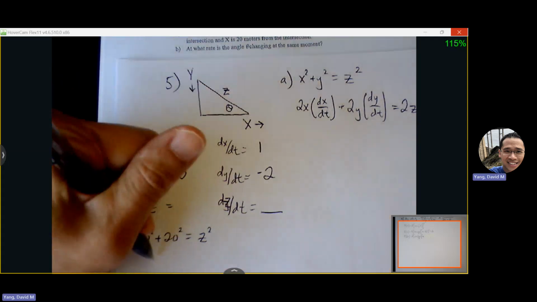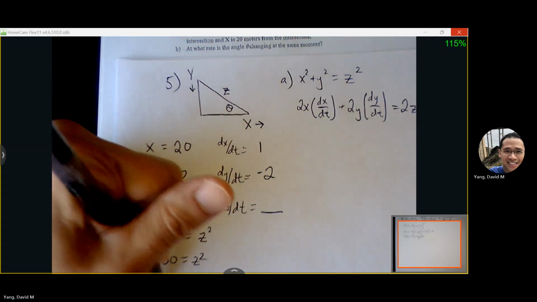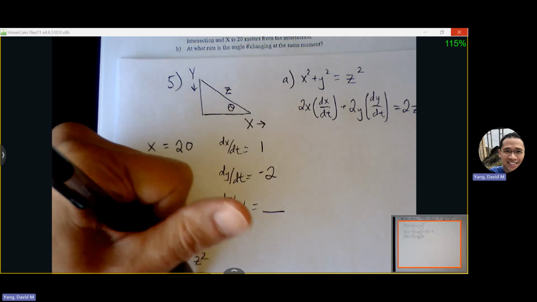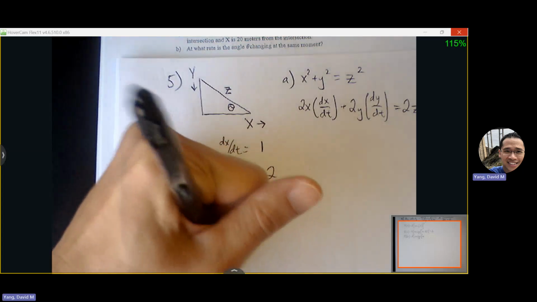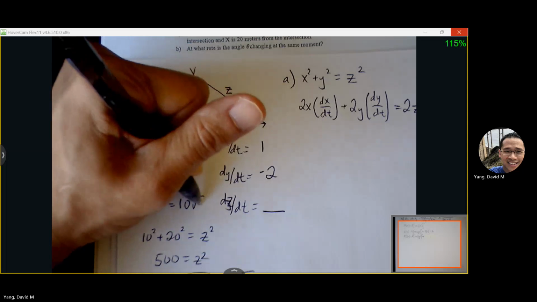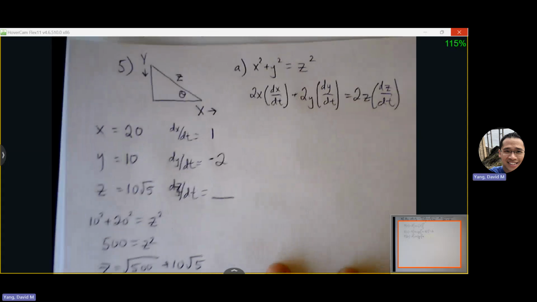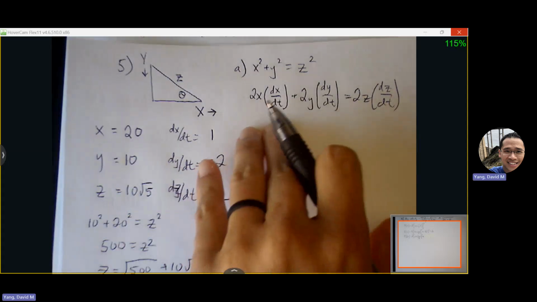Ends up being 100 plus 400 is 500. Square root of 500. It's going to be 10 root 5. Okay, to find dz dt, we can put everything in.